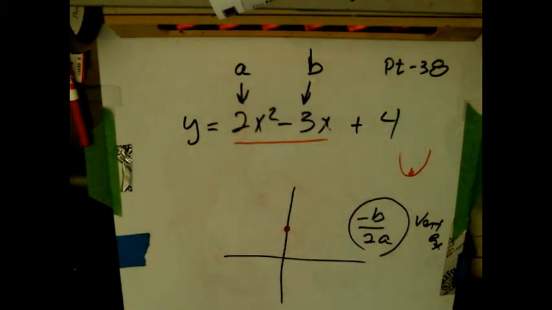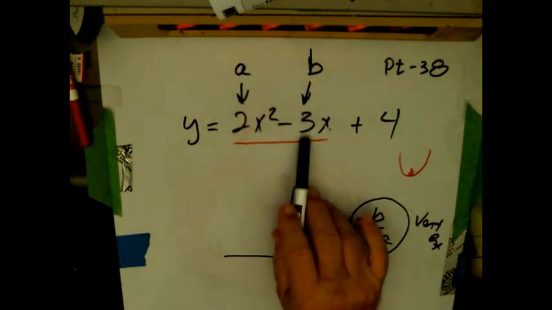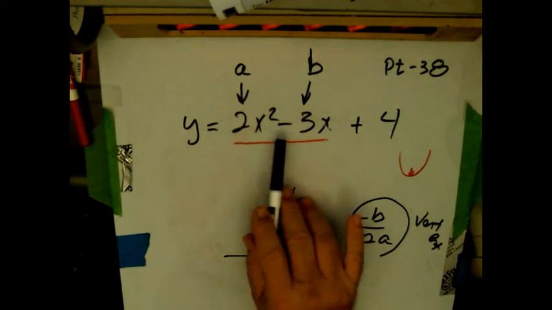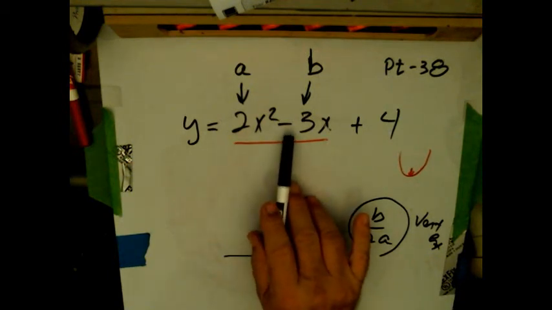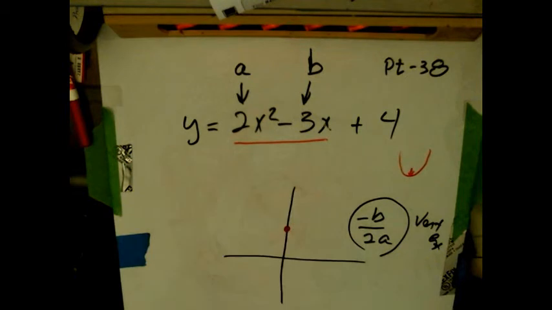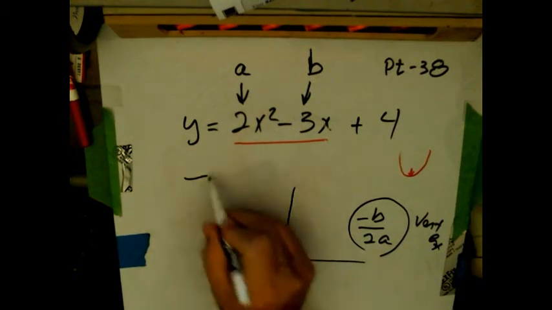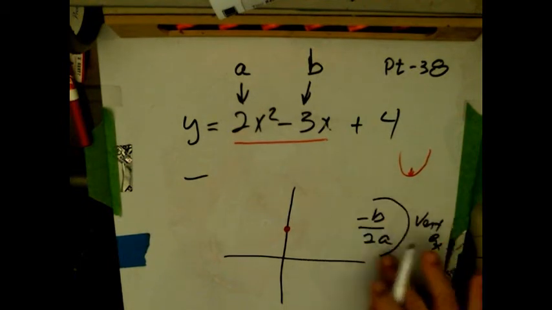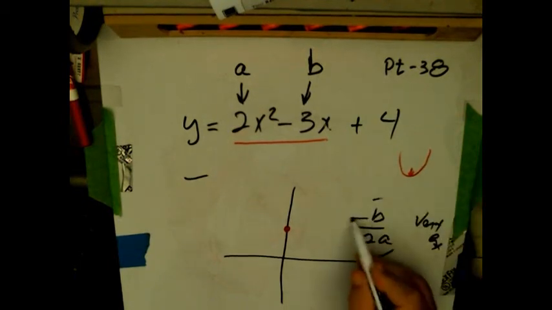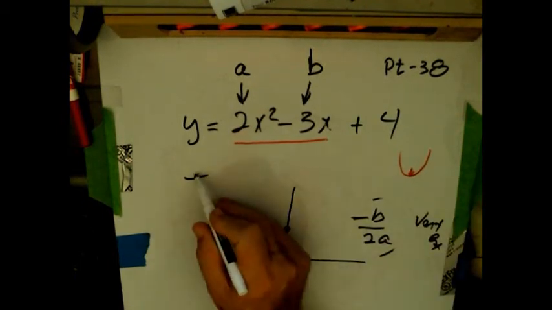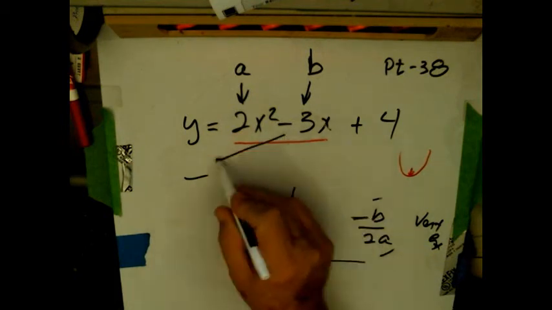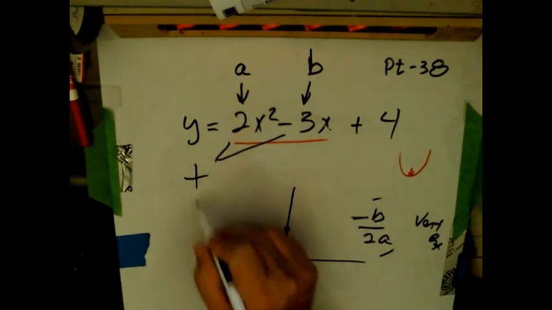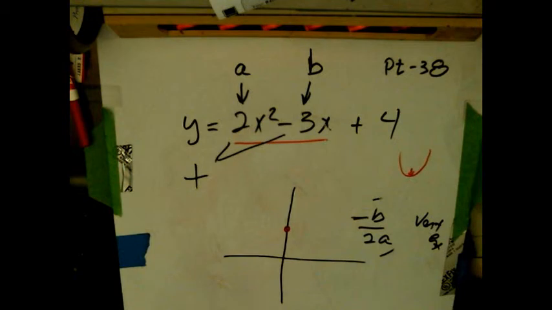If I divide b by a, negative divided by a plus, that would be a negative. But I have a negative out front of this whole expression that will then say take the opposite of those two signs together, and we'll change it to a plus. So my vertex lies somewhere over here on the plus side.